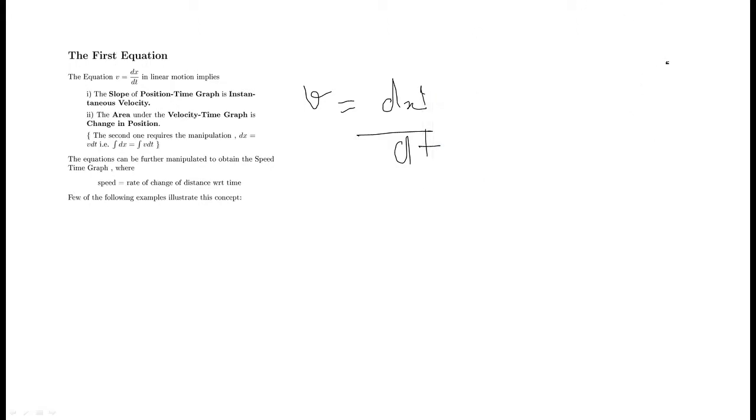We have v equal to dx by dt, and what does this mean? This means that the slope of the position time graph is instantaneous velocity.